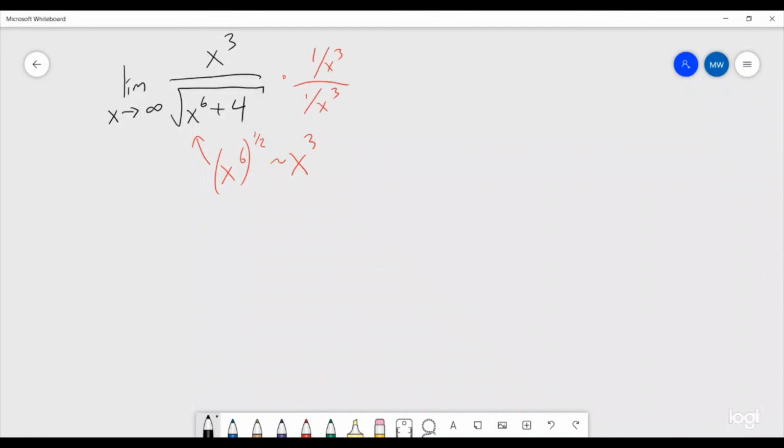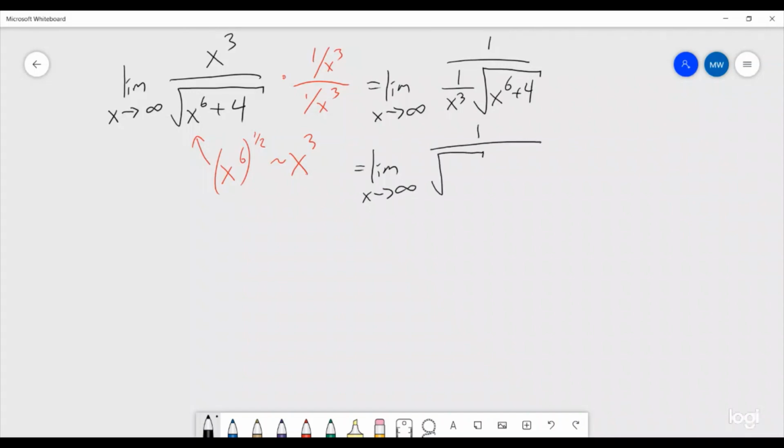And so this gives us the limit as x goes to infinity of 1 over x cubed times the square root of x to the 6th plus 4. So that's the limit as x goes to infinity of 1 over the square root of 1 over x to the 6th times (x to the 6th plus 4).